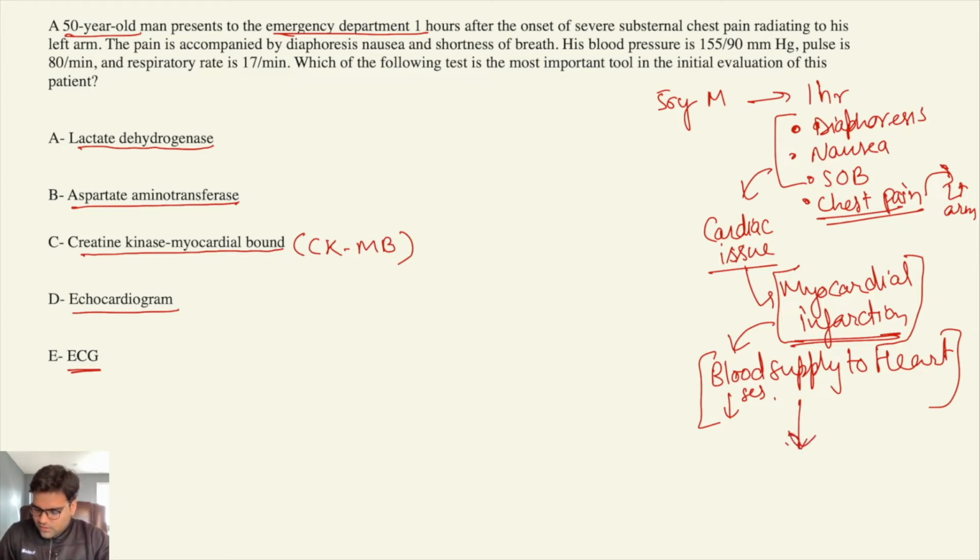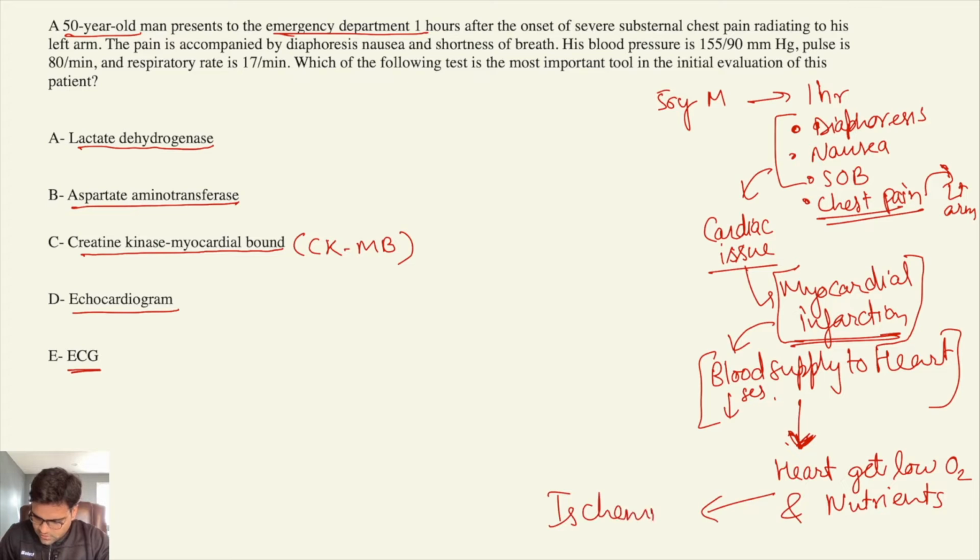In that scenario, the heart gets low oxygen and nutrients. That leads to ischemia, and ischemia presents as pain. So this is basically a classical presentation of myocardial infarction. So we have a myocardial infarction in this patient.